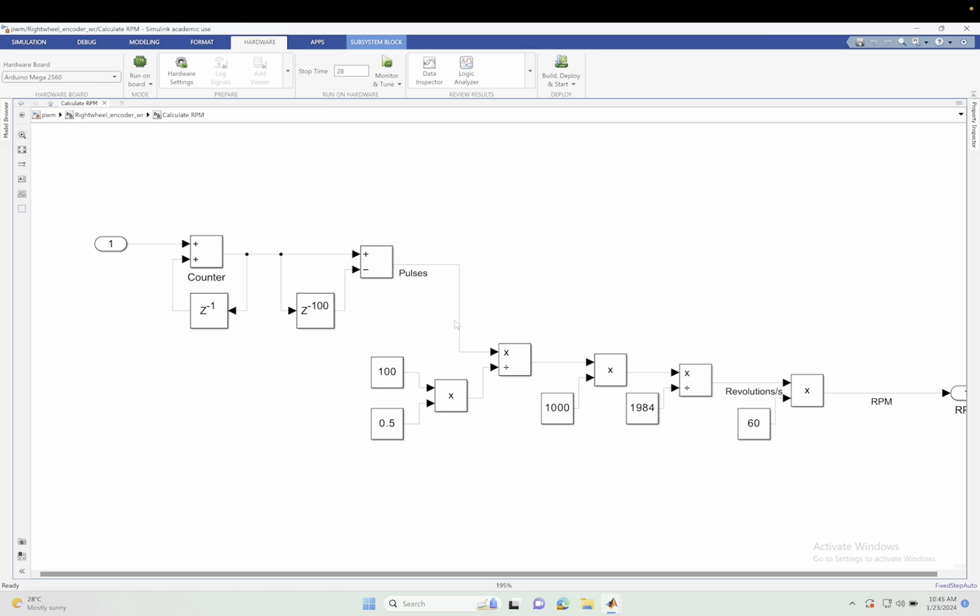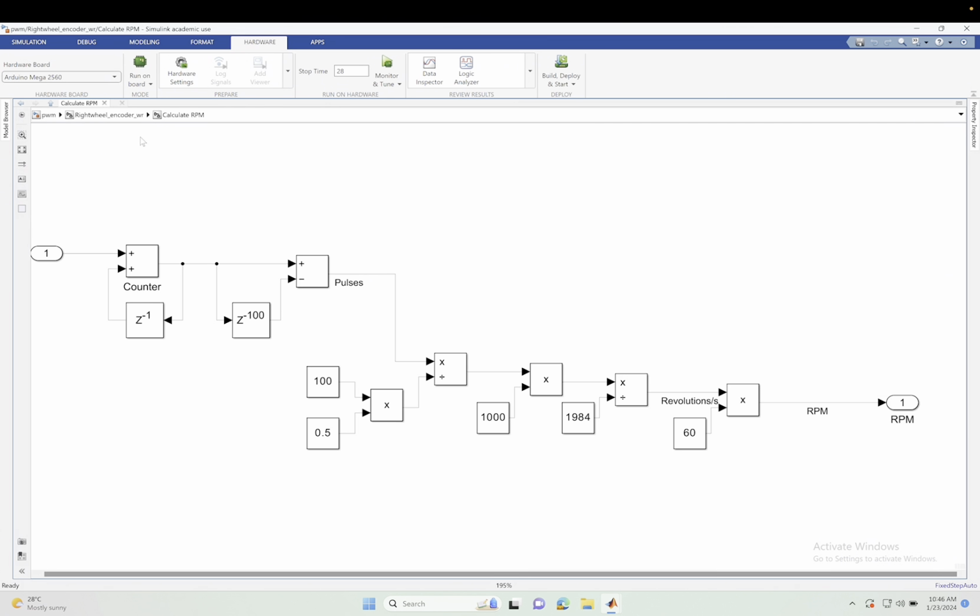Just to look into what happens when you're calculating RPM: we delay the signal and keep accumulating counts up to 100 counts, and then we get the sampling time, like how long it takes. We're using 0.5 milliseconds to get those pulses. Then we multiply by 1000 and divide by the actual PPR, that is pulses per revolution.